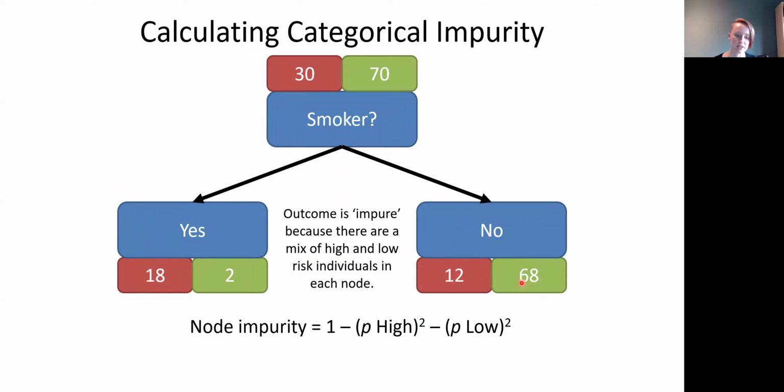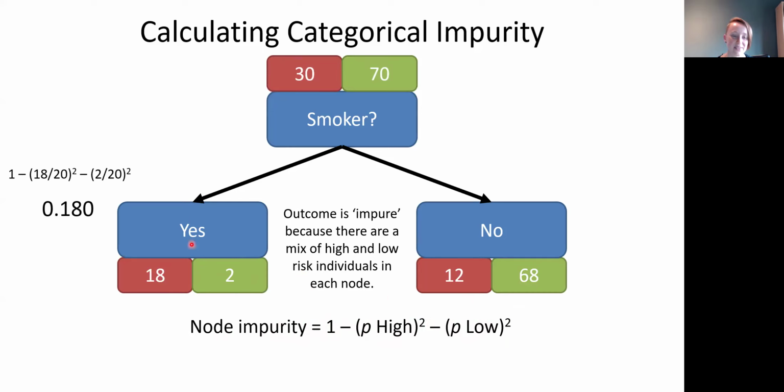So what we can do is calculate how impure each of these nodes are by using a node impurity measure. And this can be based on essentially different probabilities. So to calculate our node impurity, we can do 1 minus the probability of a high risk individual minus the probability, or the proportion, sorry, of the low risk individuals squared.